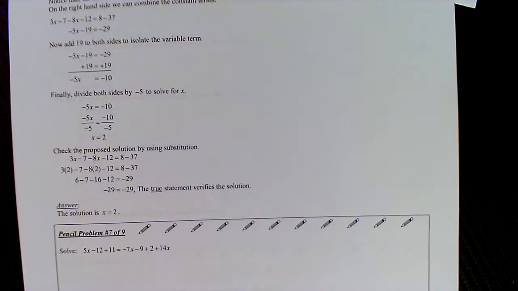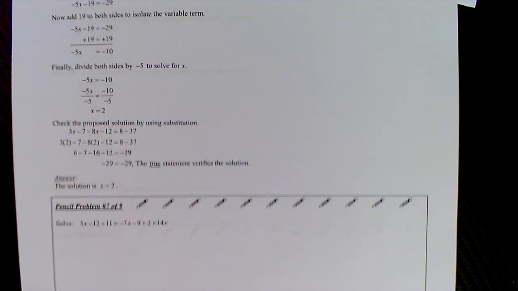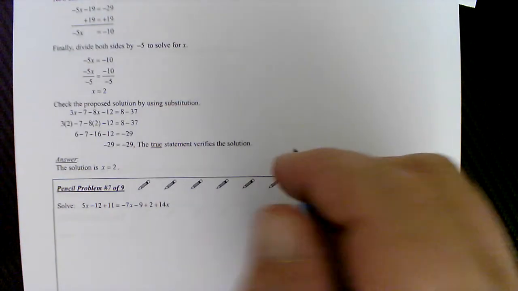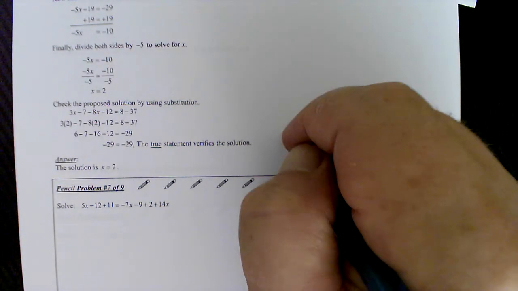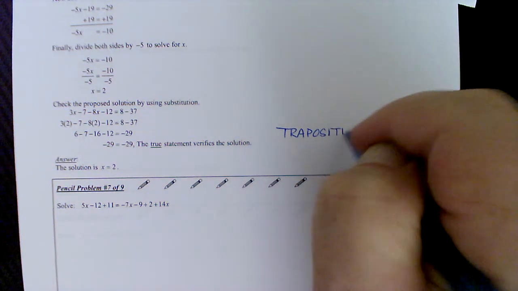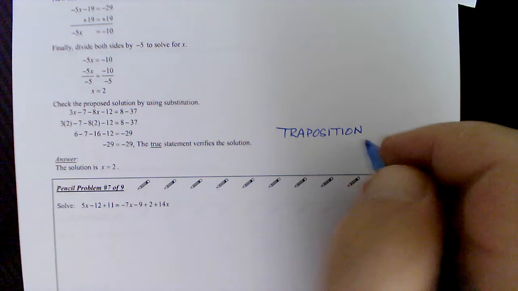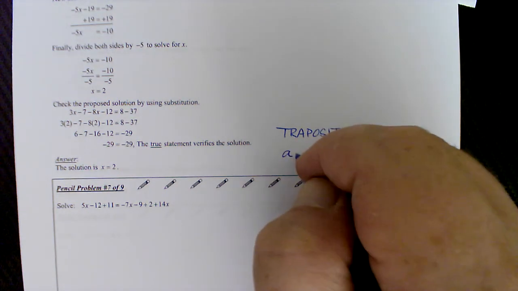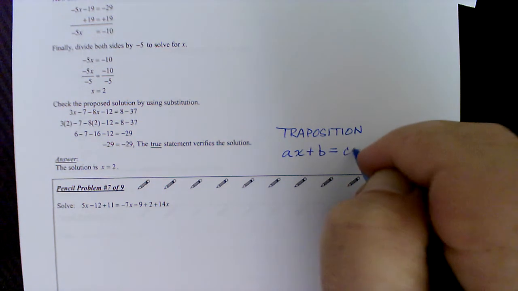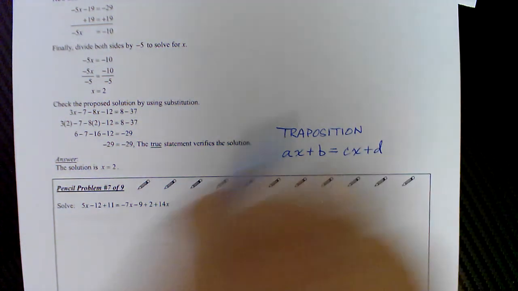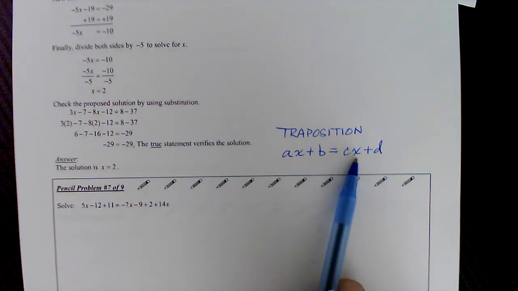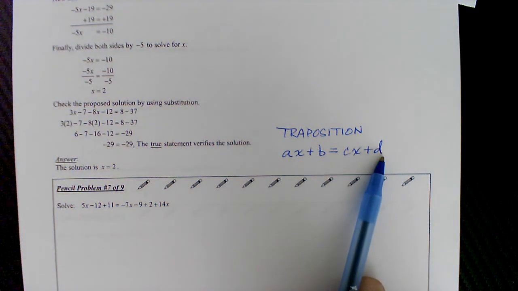The worst thing we should see, and you could read through this example, before we start juggling the terms, which is formally called a transposition, before we start this, the worst case scenario should be that we have ax plus b equals cx plus d, for example. That is, variable and a constant equal to a variable and a constant. Or as you guys might say, letter and number equals letter and number.